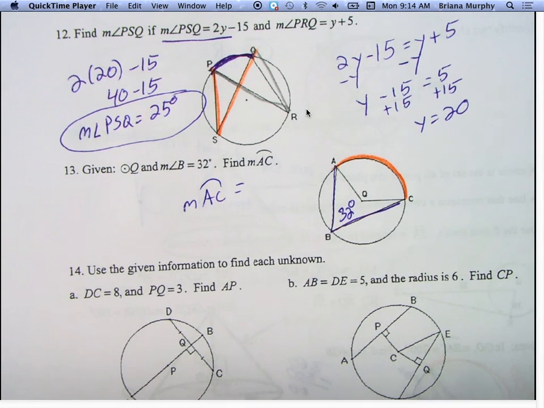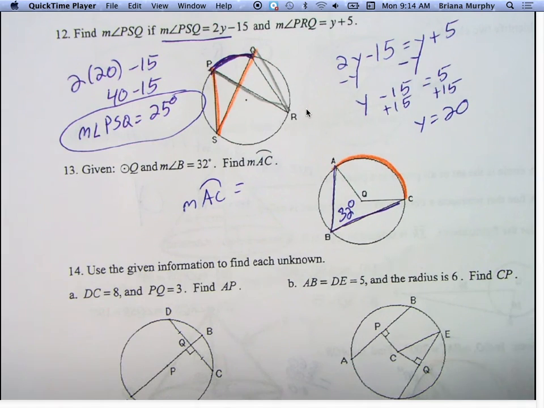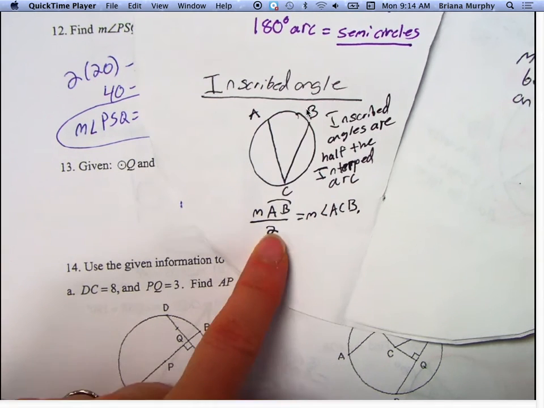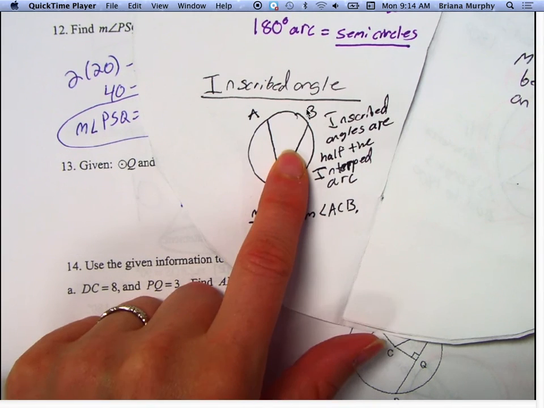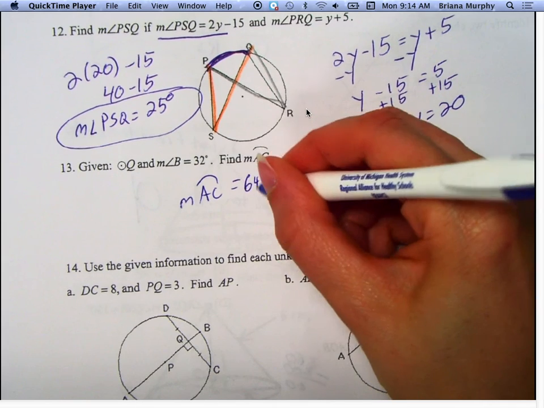Is this a central angle or an inscribed angle? Inscribed angles are half their intercepted arc. So if we know what the inscribed angle is, we have to times it by 2, and so we get the arc is 64 degrees.